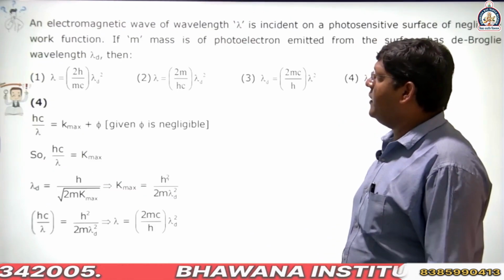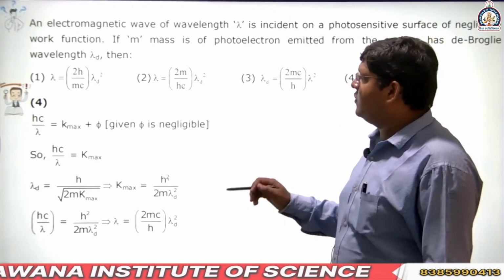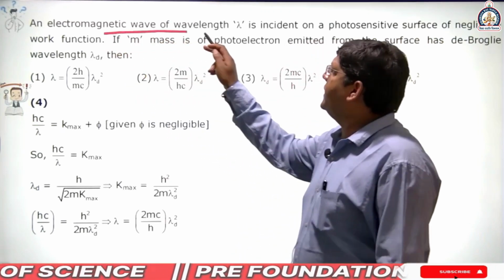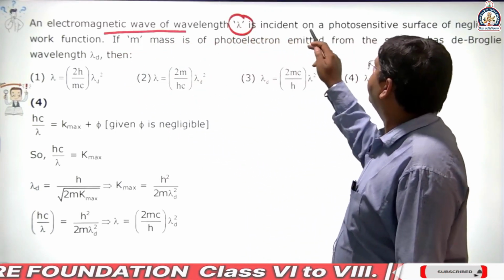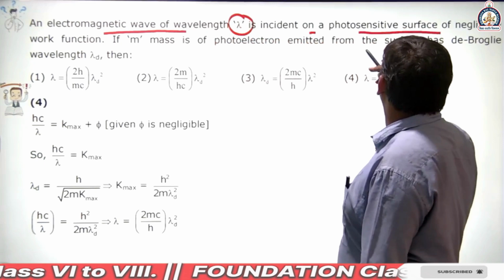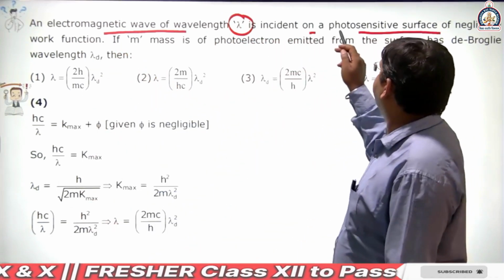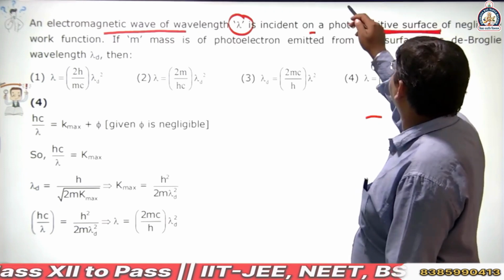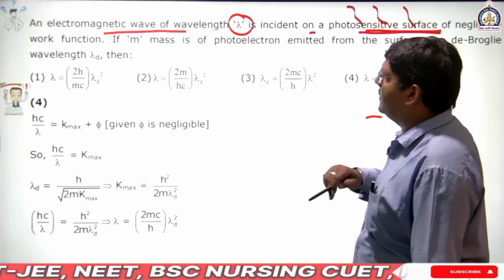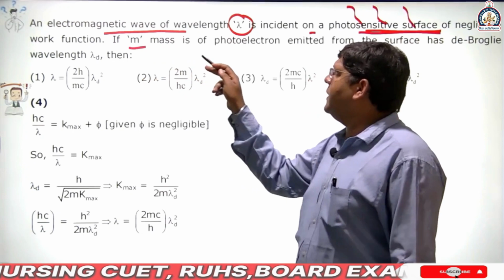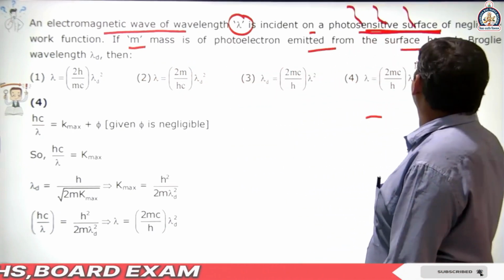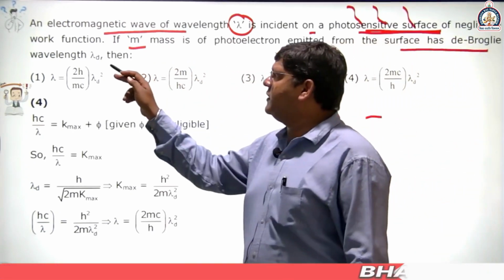Moving to the next part, the question says an electromagnetic wave of wavelength lambda is incident on a photosensitive surface of negligible work function. We are provided with a photosensitive surface and EM waves incident on it. The question says a photoelectron of mass m emitted from the surface has de Broglie wavelength lambda d.